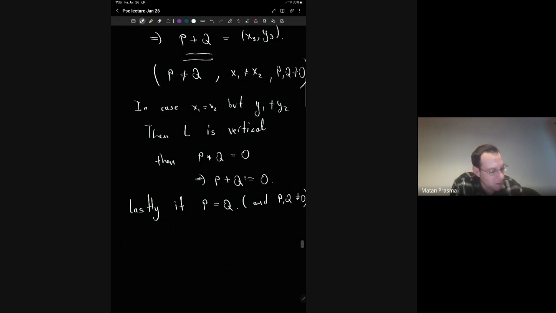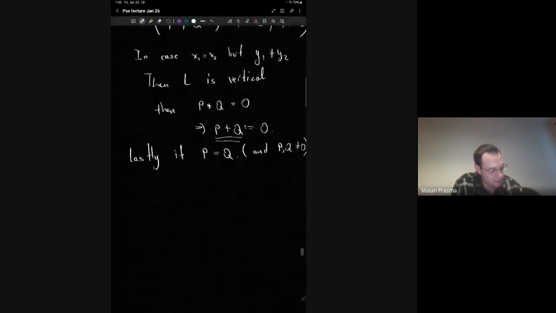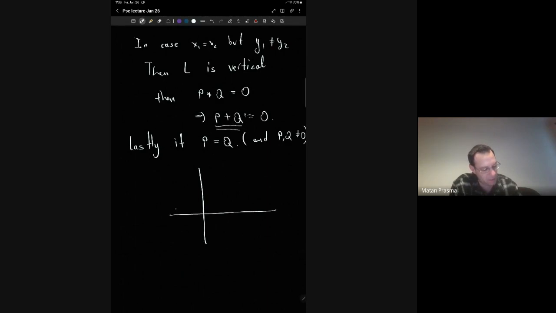Or maybe let me just remark on the last case we discussed, P and Q, where we said that P plus Q is O. This means that if we are about to have a group, then P is equal to minus Q. The additive inverse, if we have a group, would have to be simply reflecting along the x-axis.